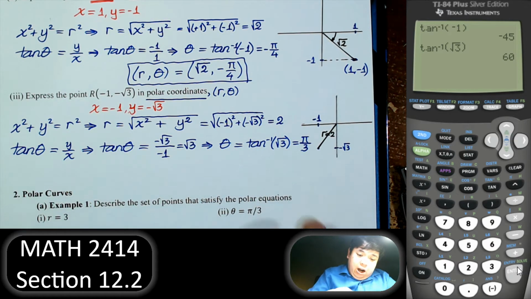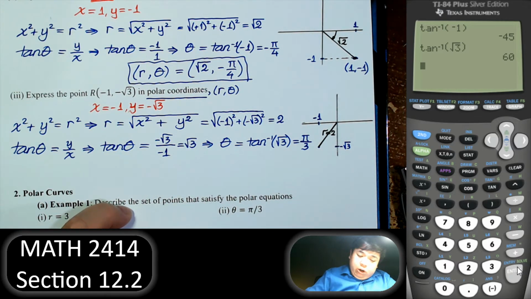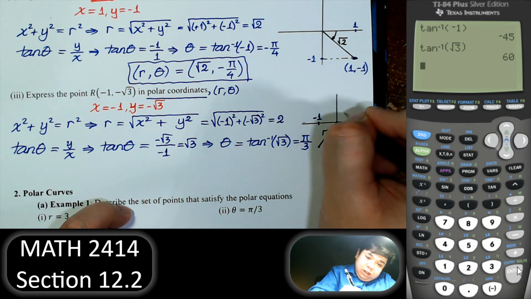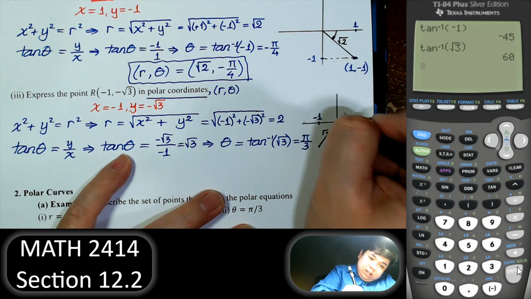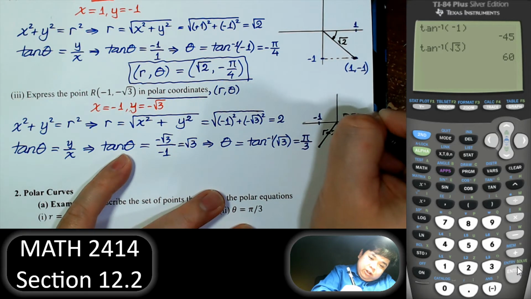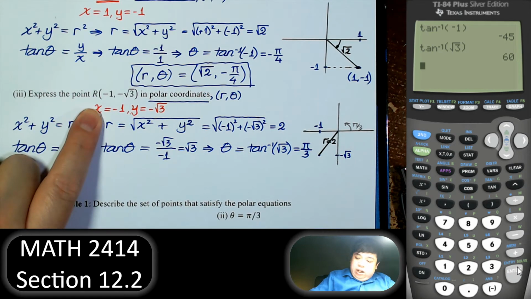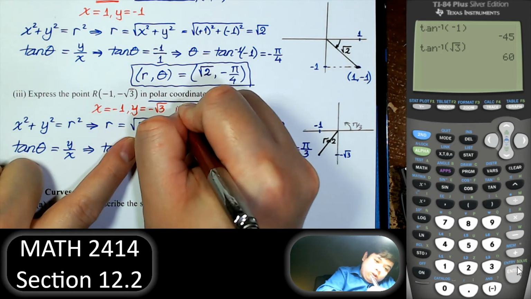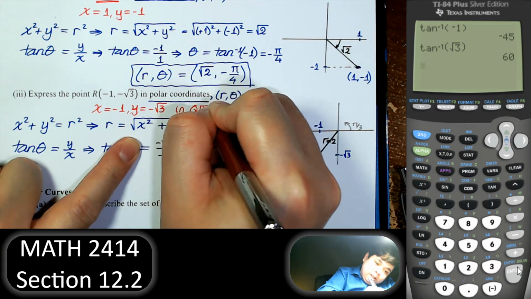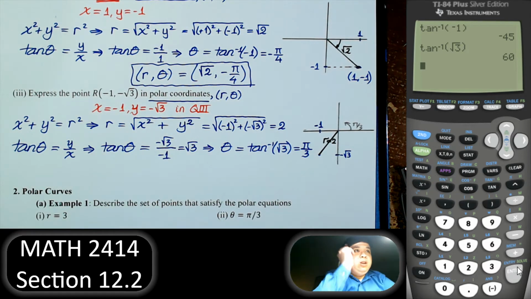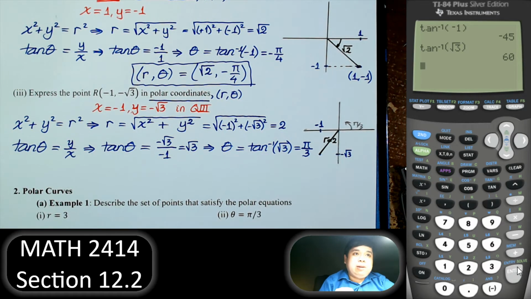Now, the angle is pi over 3. If we go to the angle pi over 3, it will be 60 degrees. That is pi over 3. And of course, this is in quadrant 1, which is not right. The point here is in quadrant 3. So make sure that it has to be in the right quadrant. So this is not in the right quadrant. So what do we do?